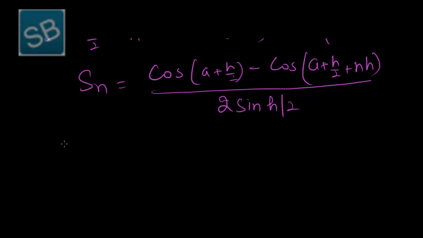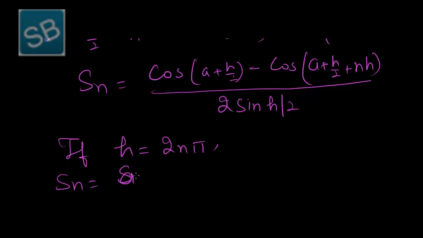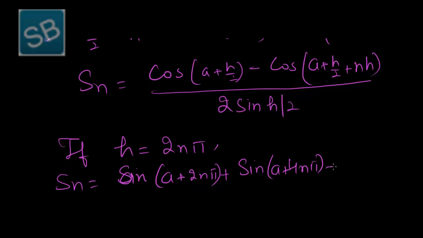So what happens if h is equal to 2nπ? Then Sn is equal to sin(a + 2nπ), that is sin(a + h), sin(a + 4nπ), and so on, up to sin(a + nh), where h means 2nπ.